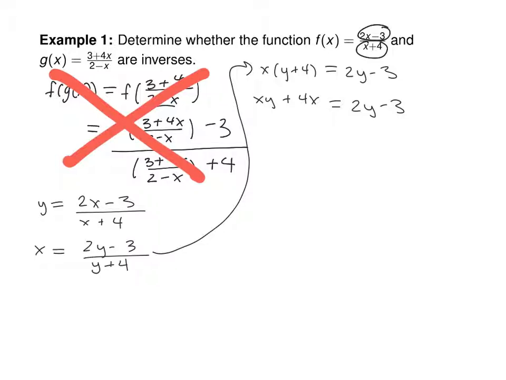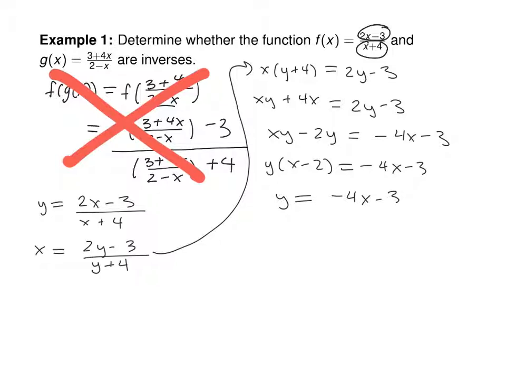Okay, now what next? xy minus 2y equals negative 4x minus 3. So I choose to put the y's on the left and the x's on the right. That could be chosen in a different order if you preferred. And then take out the GCF of y. And y will equal negative 4x minus 3 over x minus 2.